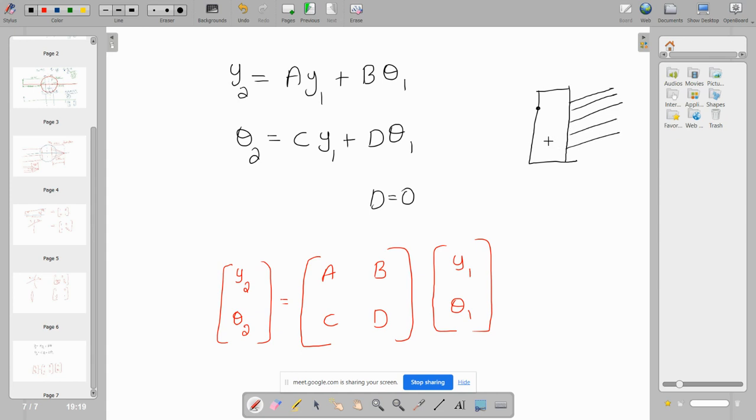I'm saying that this is that particular theta 2, and because D is equal to 0, whatever the angle is coming, there is no effect of the angle. So if y1 is constant, whatever the angle the ray comes at, it will emerge as a particular parallel angle. Correct? This is the thing which is giving D is equal to 0. True? Correct? Any doubt? No, sir.